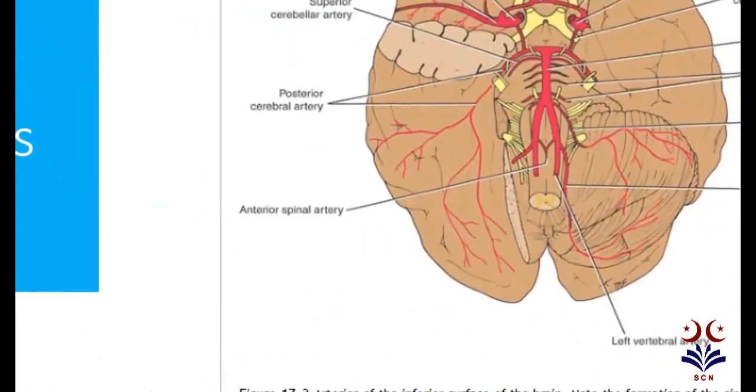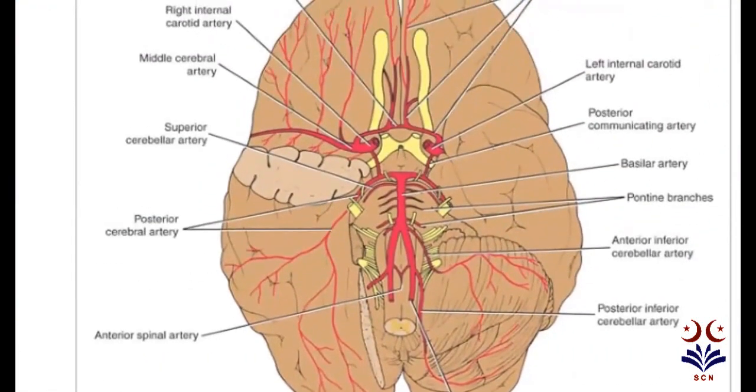This is the circle of Willis, taken from the textbook. So you see, this is the basilar artery, right? And this is the circle of Willis, right? What is this? This part of the brainstem is the midbrain, and in the midline there is a structure which is not part of the midbrain.